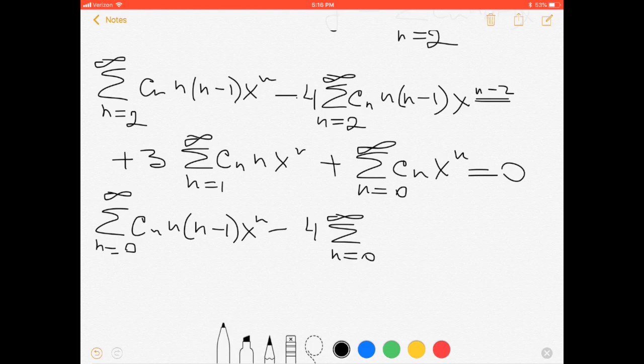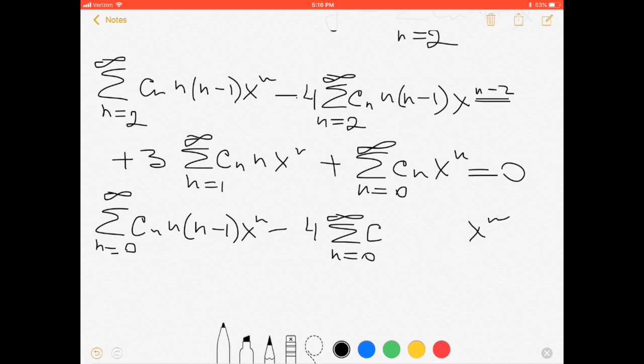Looking here, before, if n started with 2, the lowest power was x to the power 0. Now my n starts with 0. The lowest power needs to be x to the 0. This means n minus 2, I substitute with n.